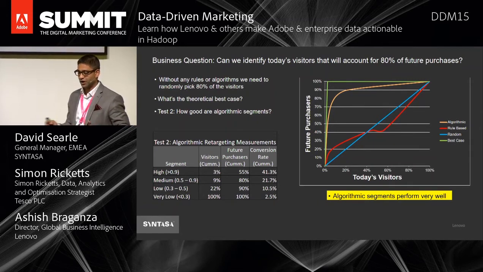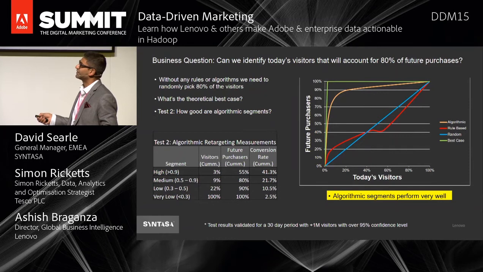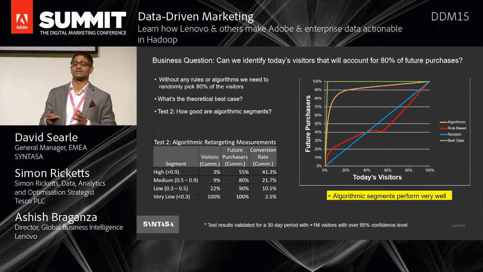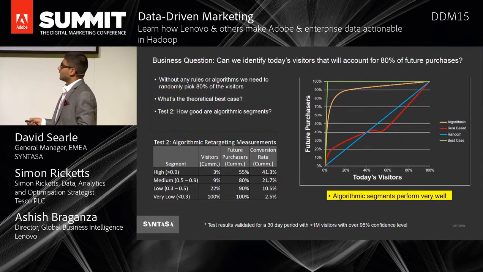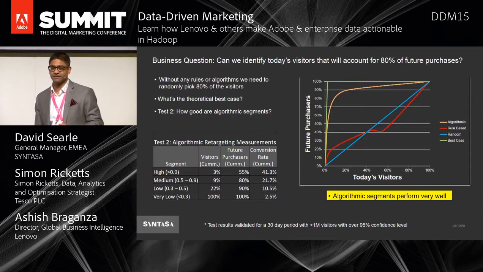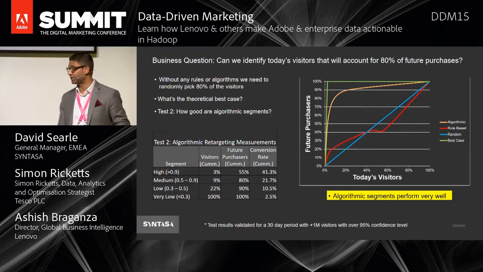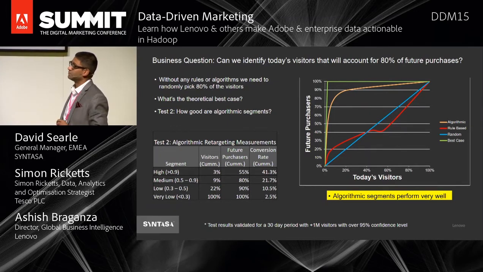We got an output from 0 to 1, and we created confidence buckets. We took purchasers and non-purchasers and modeled that into a logistic regression, and we got high, medium, and low, which we've arbitrarily put into those buckets. Anyone greater than a value of 0.9 was put into the high bucket. Anyone from 0.5 to 0.9 was put into the medium bucket of probability, and then low and very low.